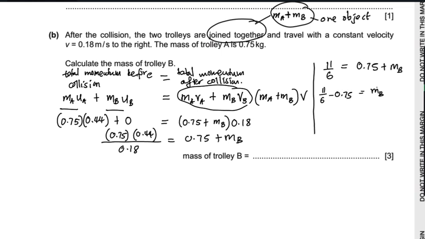So minus 0.75, what do I get? At first I'm getting 1.08333 recurring. This is the mass of B. Our raw data values are to two significant figures, so we can round off to two significant figures, which will give us 1.1 kilograms. So this will be the mass of B, 1.1 kg. I hope you got this one right.